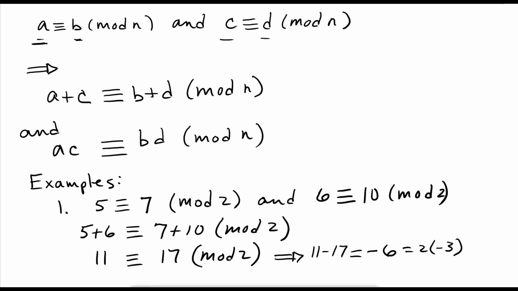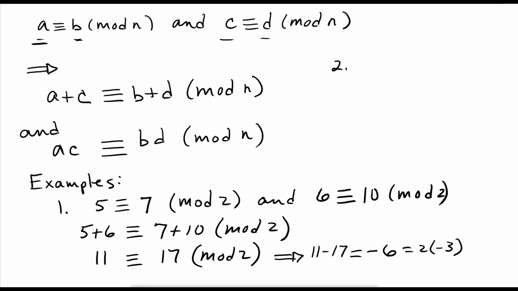Or remember, I told you before that if I were to divide my modulus into each number, I should get the same remainder. When I divide 2 into 11, I get a remainder of 1. When I divide 2 into 17, 2 goes into 17 8 times with a remainder of 1. So they both have the same remainders.